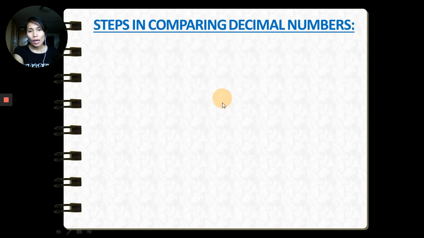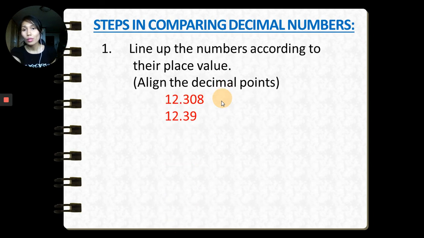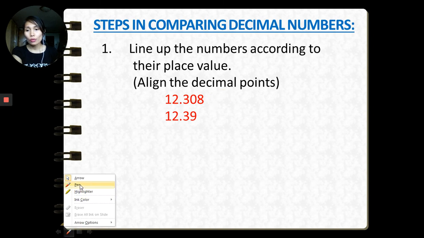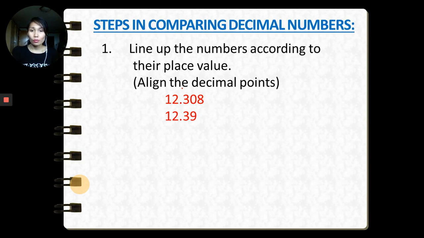Okay, so let's try to compare, but before that, let's refresh the steps in comparing decimal numbers. In comparing decimal numbers, line up the numbers according to their place value. To be able to line up the numbers in their place value, make sure their decimal points are aligned.